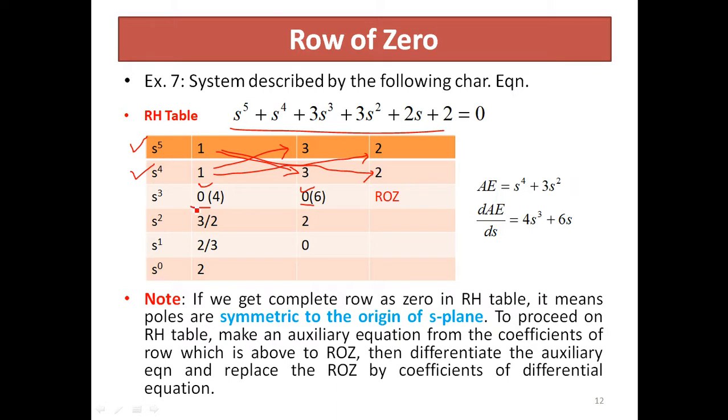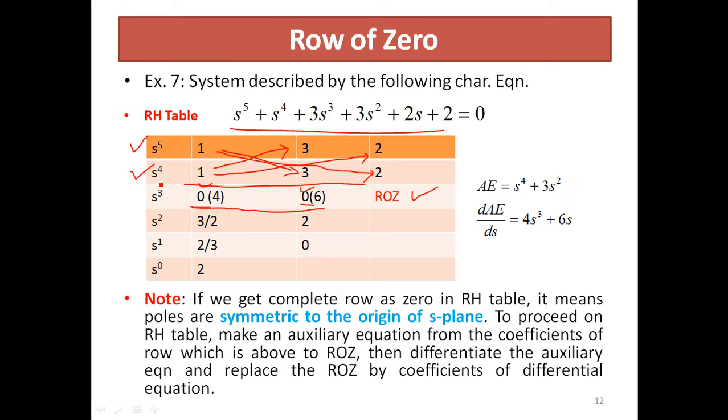In such a condition where all elements of a row appear as 0, that row is called a row of zeros, represented by ROZ. Then a rule is defined by Hurwitz that an auxiliary equation should be written from the row elements just above the ROZ row.